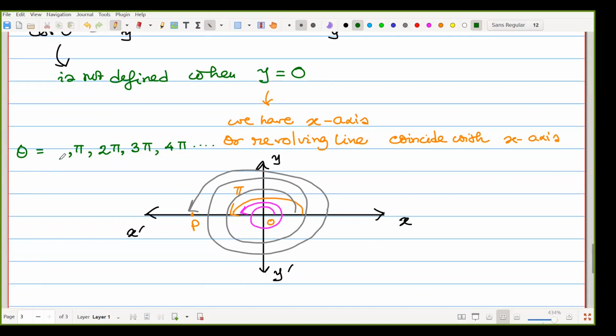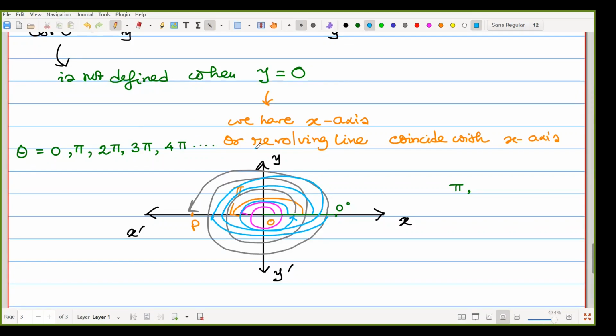Now I have kept a blank. That means on the x-axis, not only the pi, another condition is there when we have 0. That is also the 0 degree, because on the positive x-axis, 0 is also there. So it may be 0, it may be pi, another one 2 pi. 2 pi means from 0, pi, pi. So 2 pi. Same as 0, pi, 2 pi, 3 pi, 4 pi.